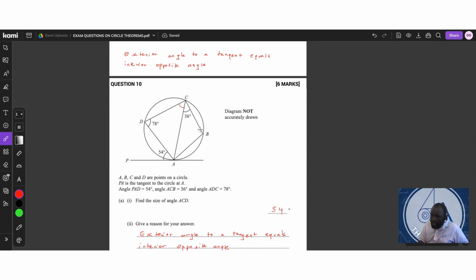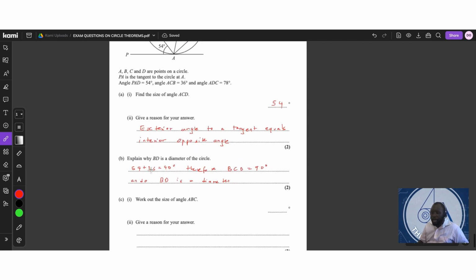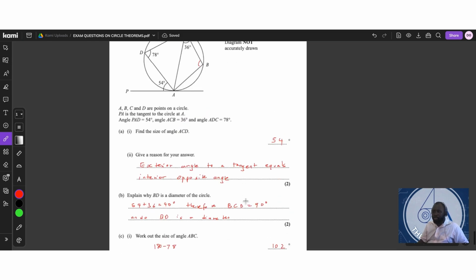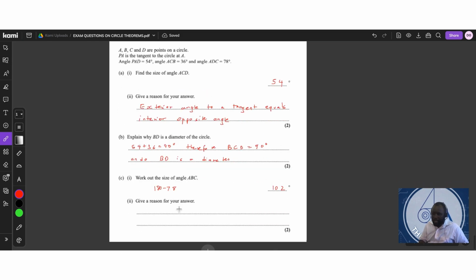ABC. This angle is opposite the other one, in a cyclic quadrilateral. I hope by now you've noticed that there are a few concepts that keep being said over and over again. And so your aim is to understand them. Once you understand those particular concepts, the rest become easy.